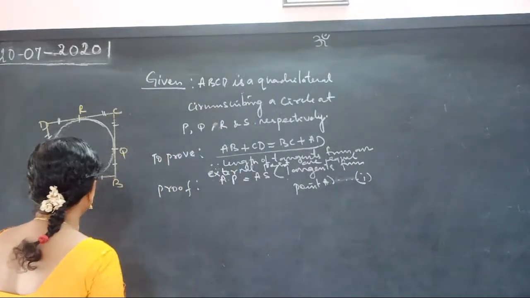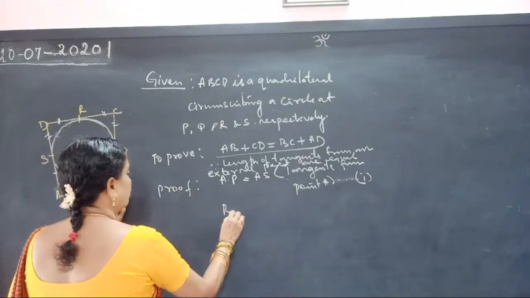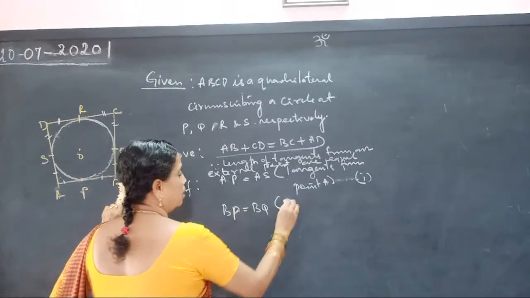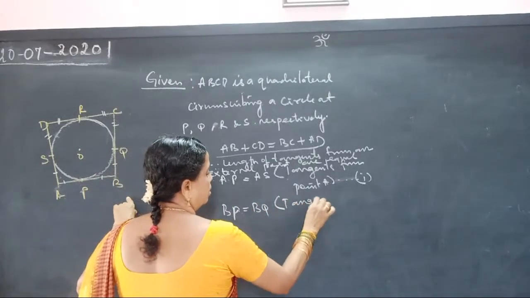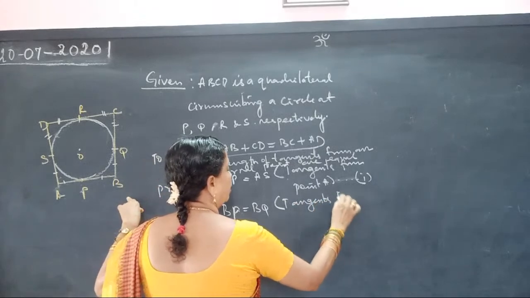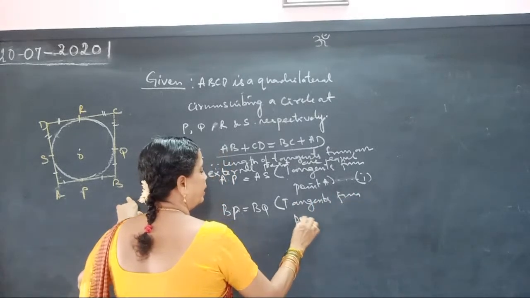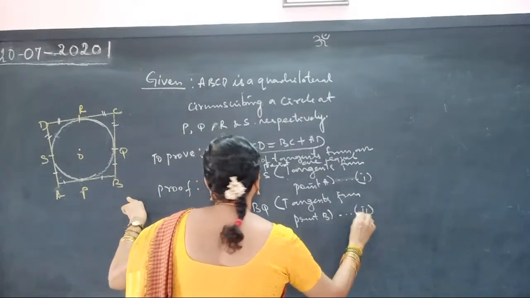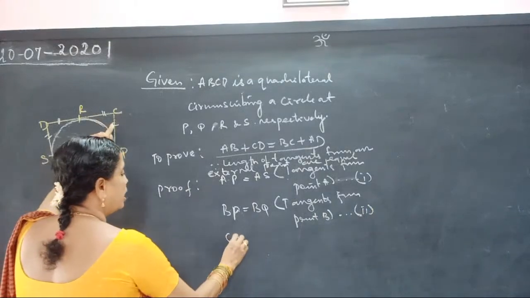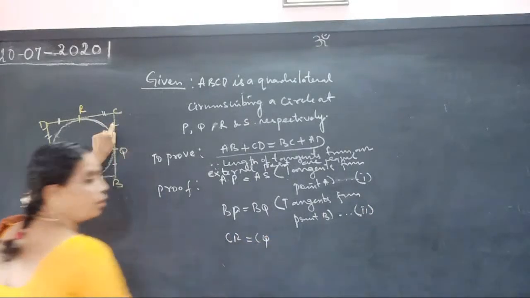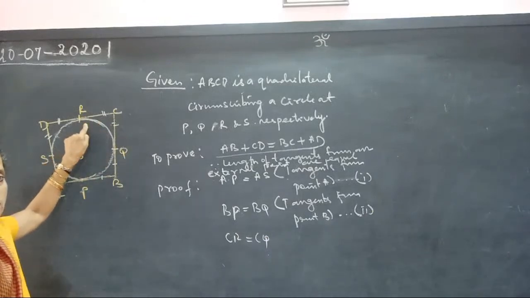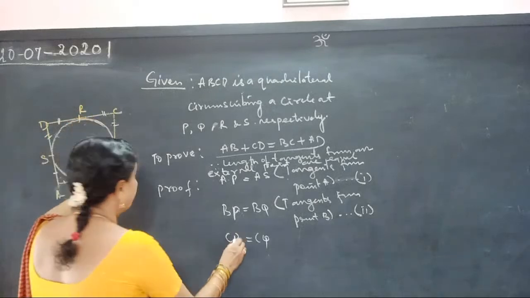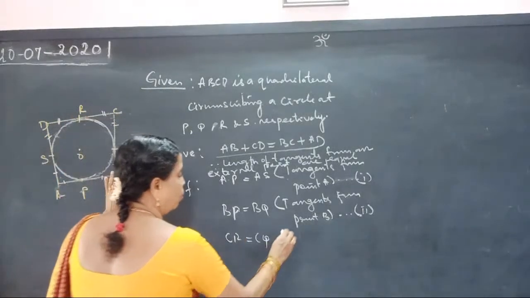Similarly, AP equals AS, then BP equals BQ. Write the reason: tangents from point B, result 2. Next, CR equals CQ. I could write CQ equals CR also, but since adding this part should be on the LHS, I will take CR equals CQ.